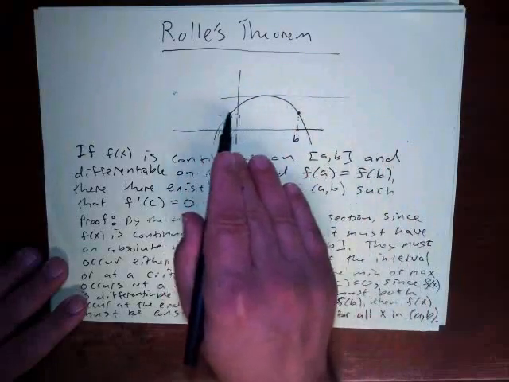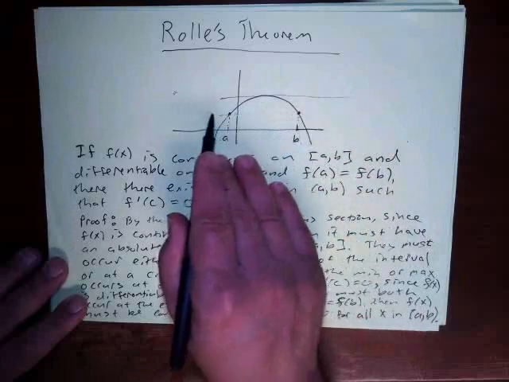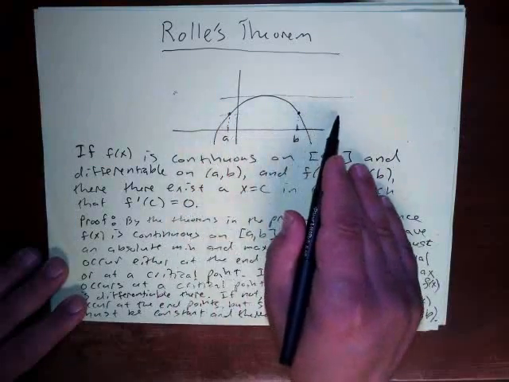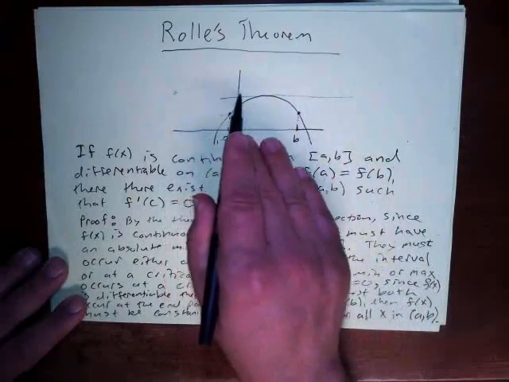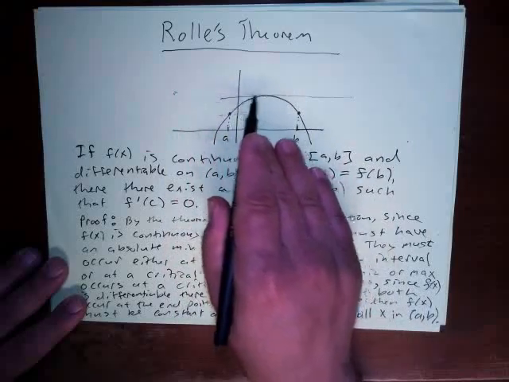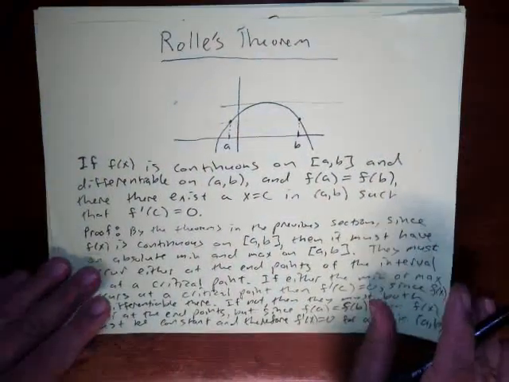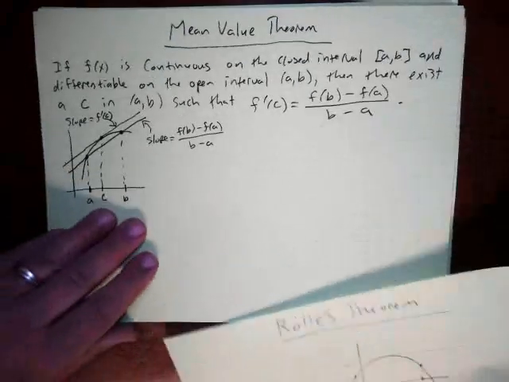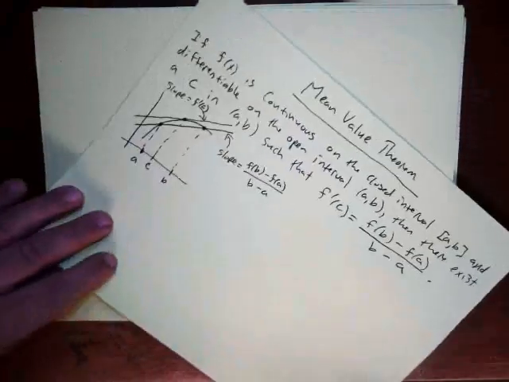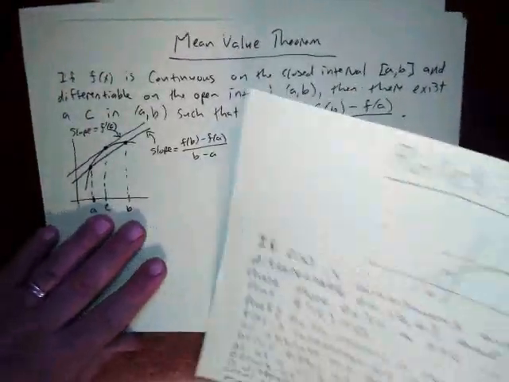So in a sense, the average rate of change from here to here, this secant line, is 0, and Rolle's theorem says you're going to have some point in the interval where the derivative is equal to that average rate of change.